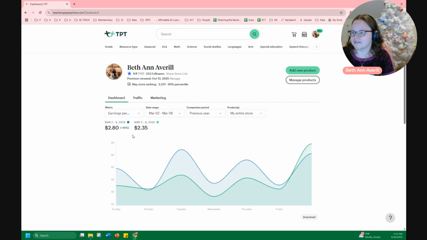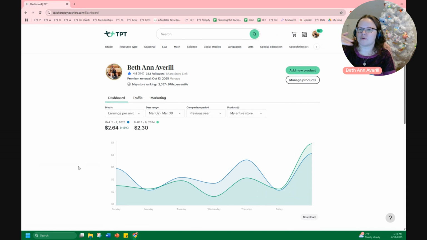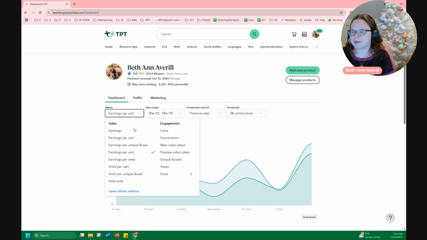Sorry. There we go. Earnings per unit. It's useful if you have products with upsells or different licenses or different price points, which isn't really a thing on Teachers Pay Teachers, but you can see if you have multiple price points, that's what I was going for with these notes. Like if you have a $2 product that sells well versus a $3 or $5 product that sells well. Okay. And then units per buyer.